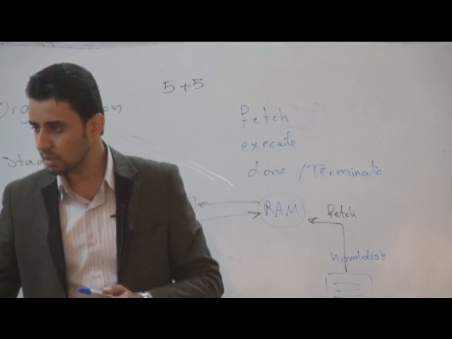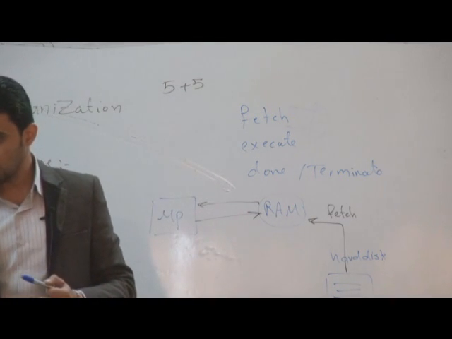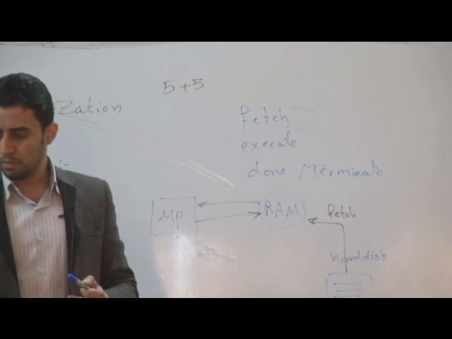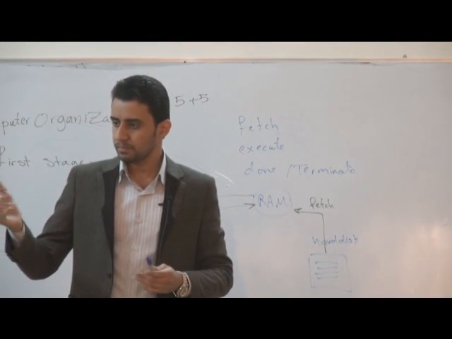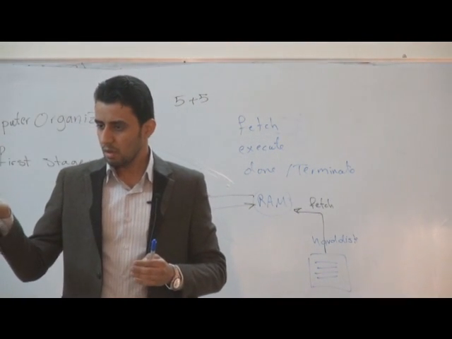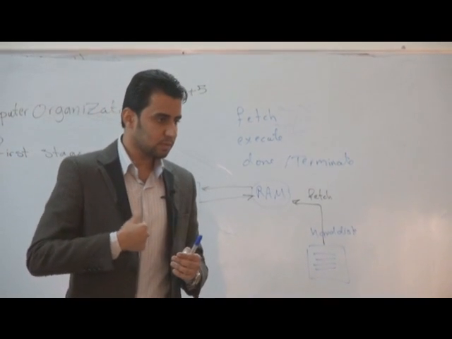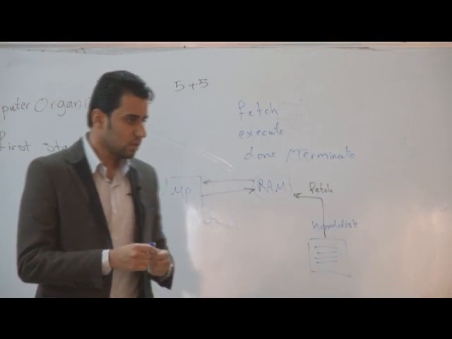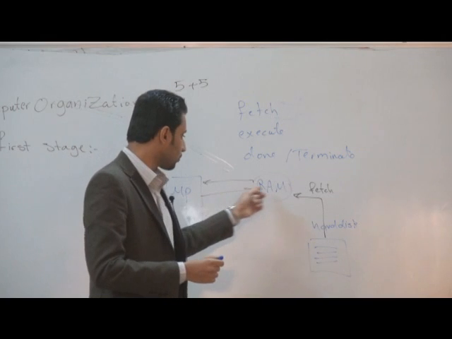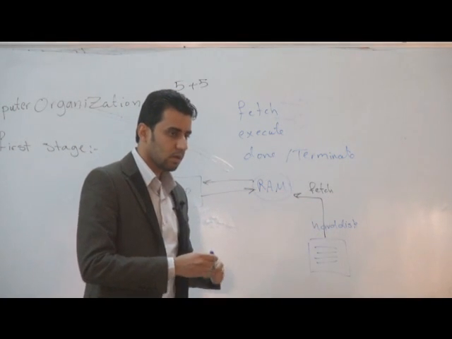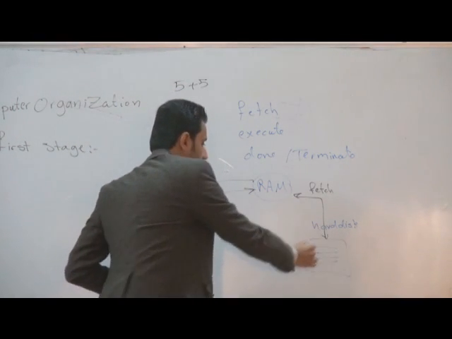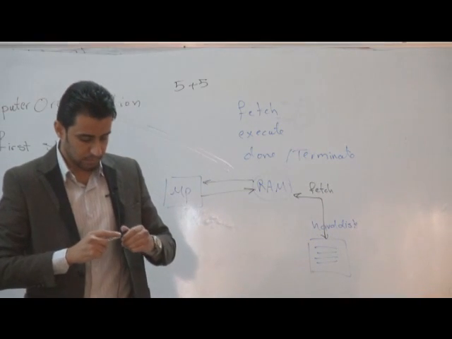I want to show the result, maybe on the monitor, maybe on a projector, or I want to save it in the memory. So the process goes to RAM and then deals with the hard disk to save the result.